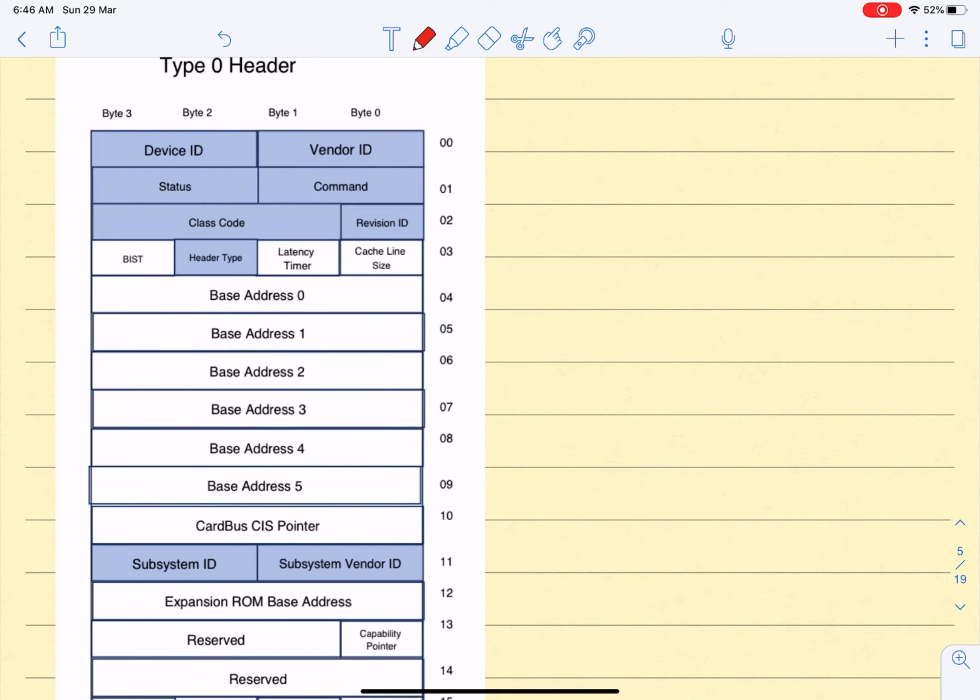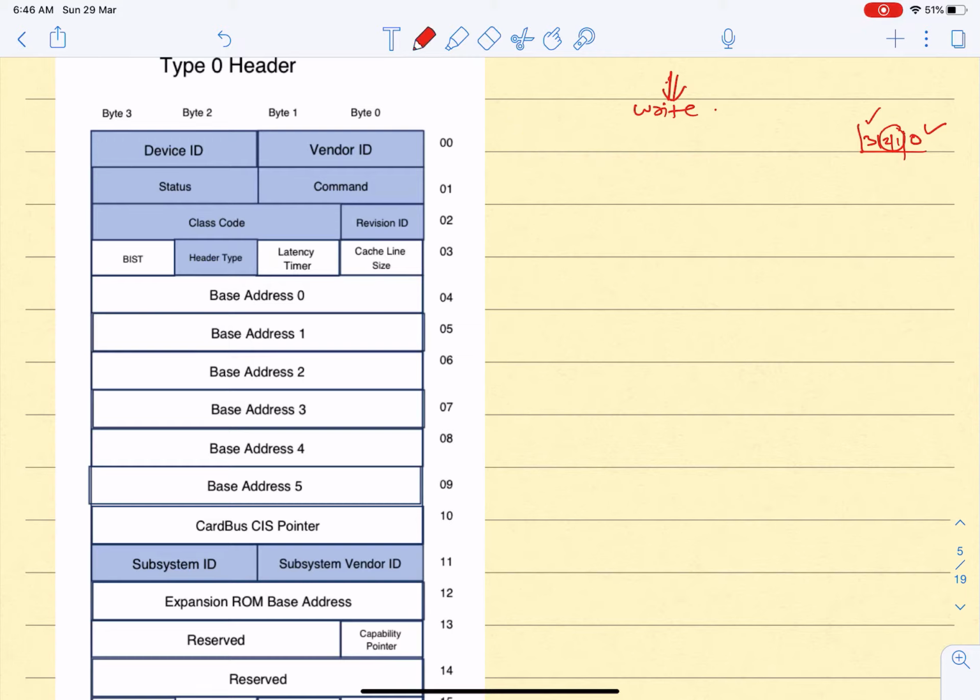Okay, for type 0, what is the process? Host initiates a write transaction and writes all ones on the BAR registers. Let us suppose this is 31 down to 0 and the lower 3 bits are for configuring whether this is memory or IO, whether these are 32-bit address range or 64-bit address range, and whether this is prefetchable or not.